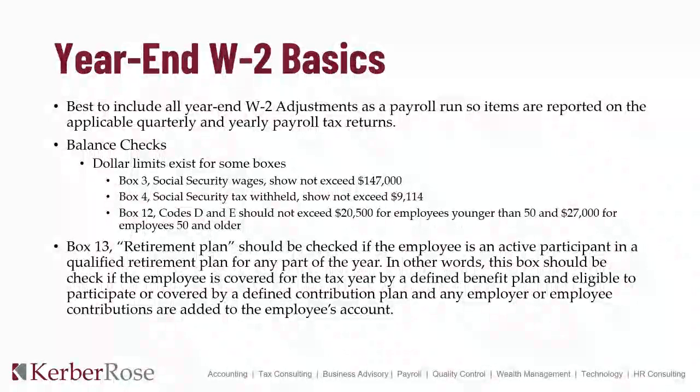Box 13 is the retirement plan box, and that should be checked if the employee is an active participant in a qualified retirement plan for any part of the year. In other words, this should be checked if the employee is covered for the tax year by a defined benefit plan and eligible to participate, or covered by a defined benefit or defined contribution plan.